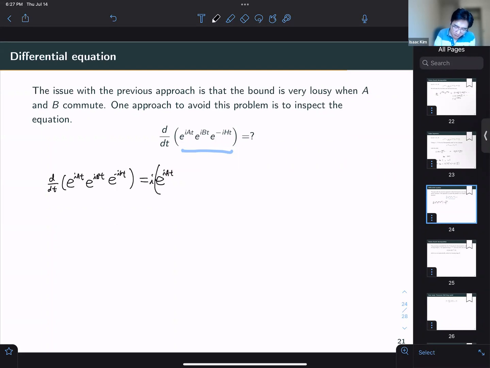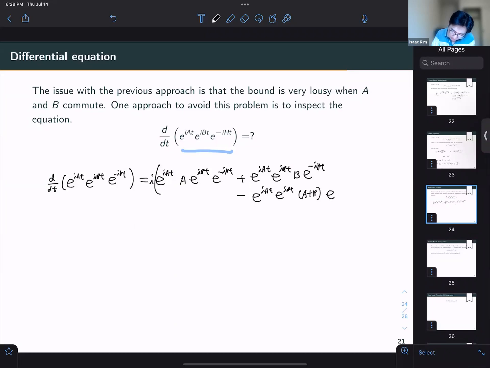I'm going to pull out the i to the front, and I have A. So I just took the derivative of the first term, and then I have e to the iBt times B e to the minus iBt, minus e to the iAt e to the iBt A plus B e to the minus iHt.